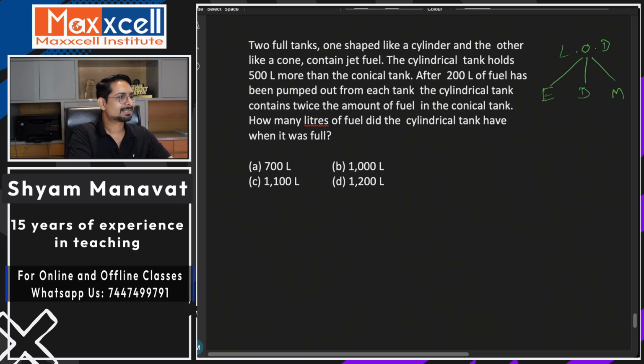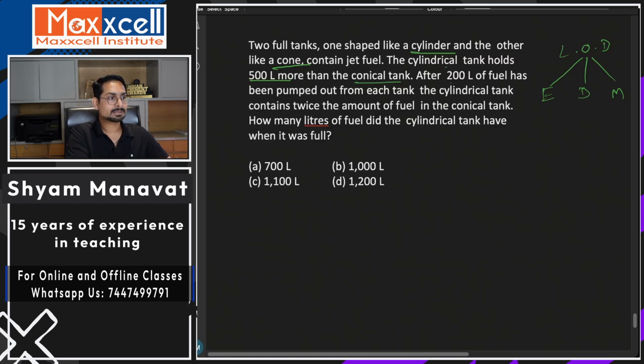Let's see the question. Here the question says two full tanks, one shaped like a cylinder and the other like a cone, contain jet fuel. The cylindrical tank holds 500 liters more than the conical tank. That means they are comparing the volume.